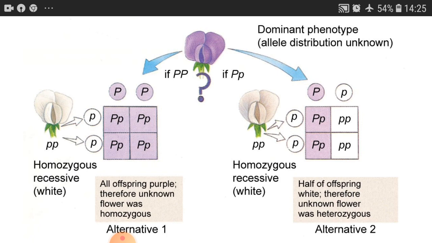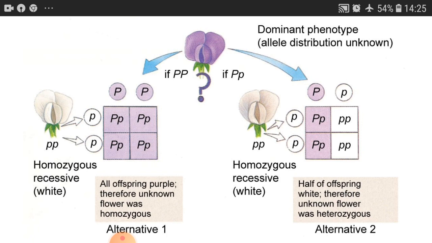So there are two types of possibilities, alternative 1 and alternative 2. All the offspring can be purple, that is 100% purple progeny, which will prove that the purple flower in question was homozygous, that is homozygous dominant.